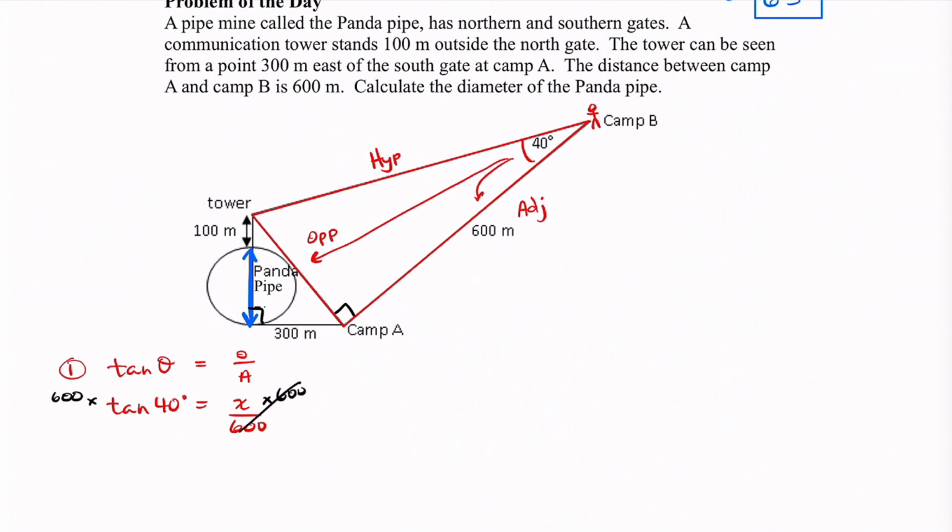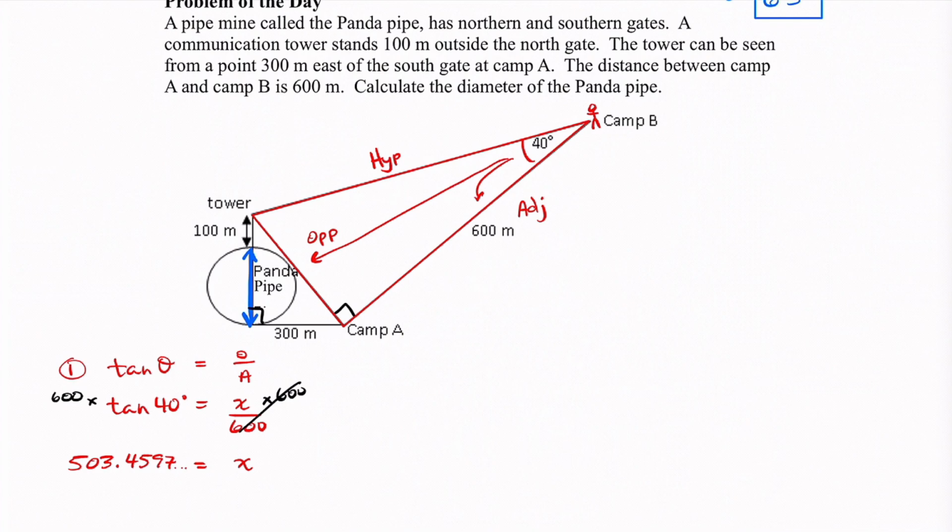The 600s cancel, and x is equal to 600 times tan of 40 in our calculator, which gives us 503.4597, and then some other decimals. So I'm just going to put dot, dot, dot.